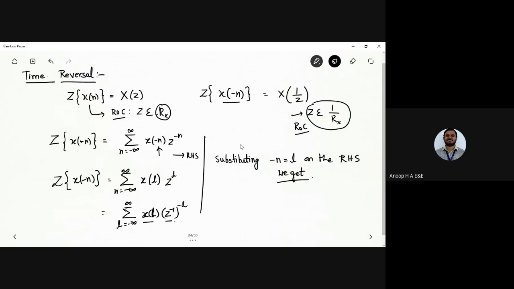Yes, so L would be from minus infinity to plus infinity.